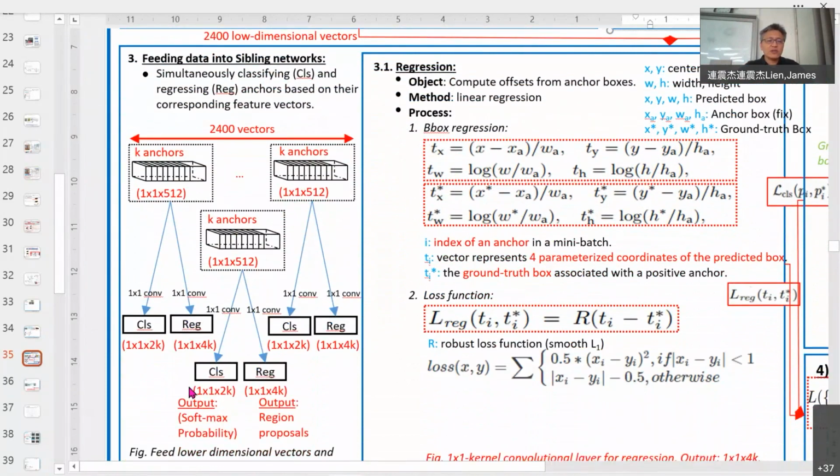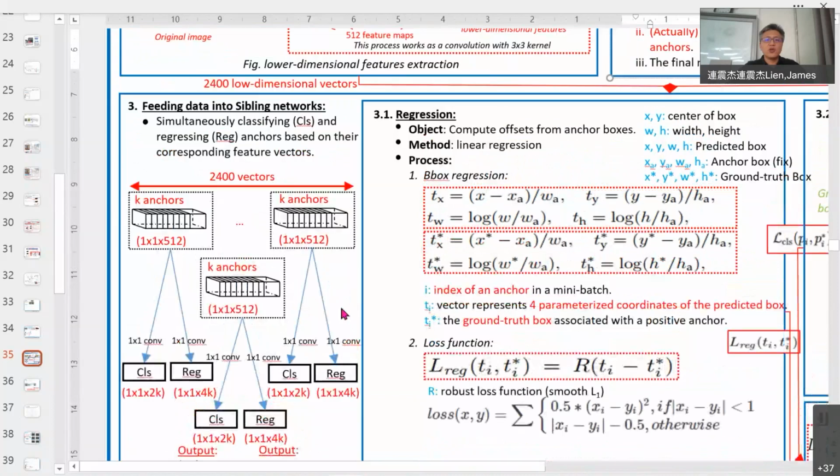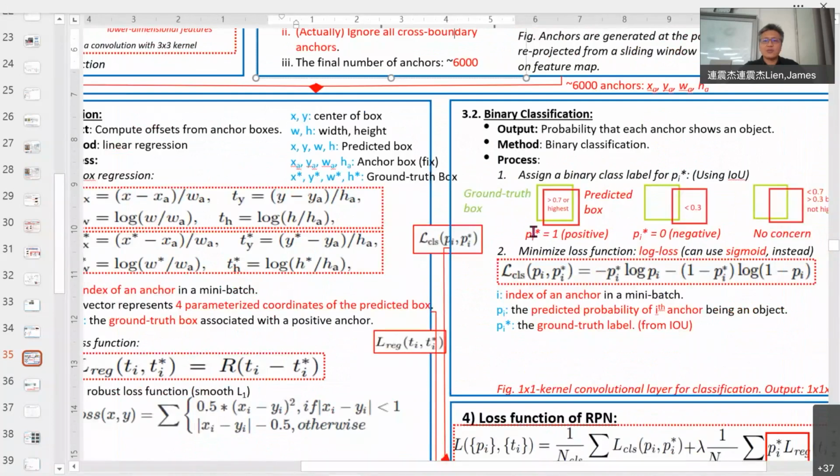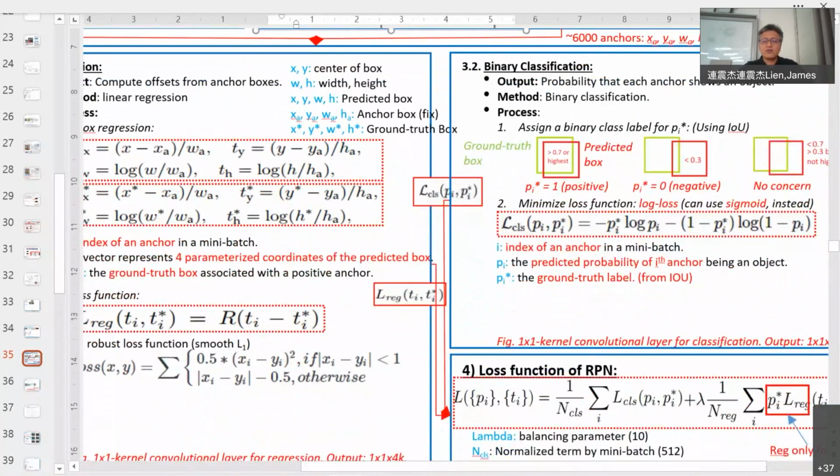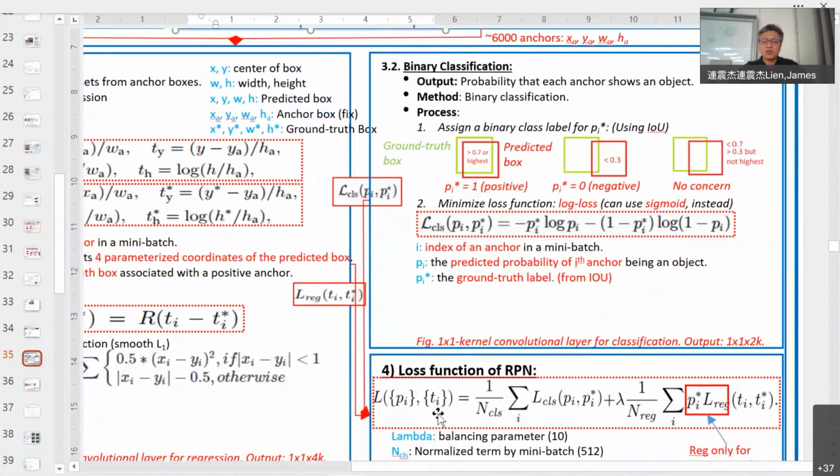So this is loss function. So your loss function is here. One is the regression. The other is the classification. So your total loss is here. So for the region proposal network, your total loss is classification and then regression. Classification is foreground, background. Regression is for the bounding box.